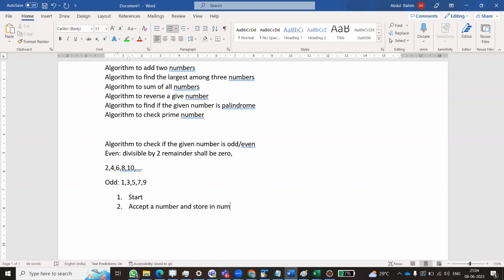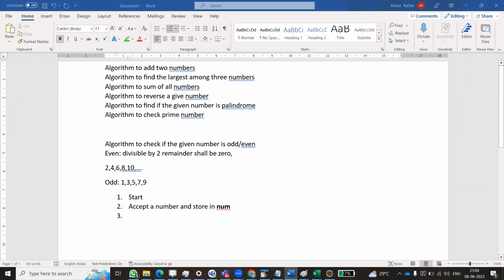Now I need to find out whether this number which I'm displaying here is odd or even. So what should I do next? num mod 2 double equals to 0, if. Okay, this is the syntax. All good.